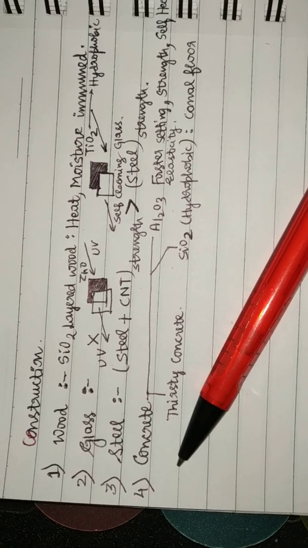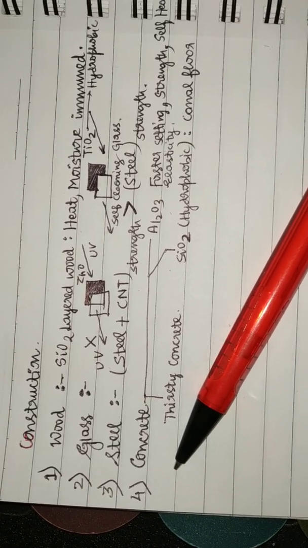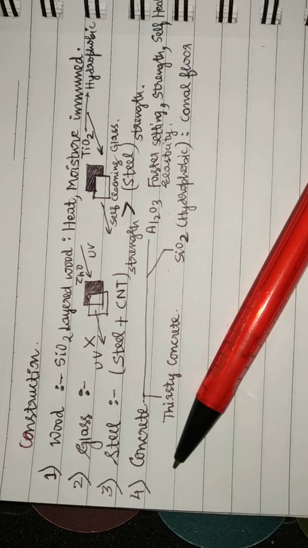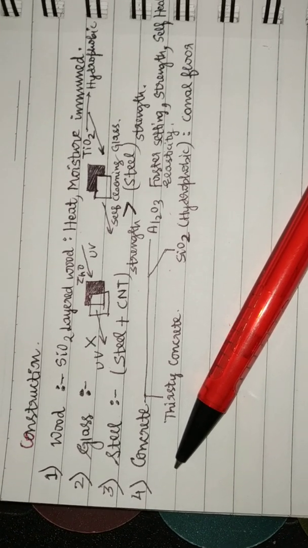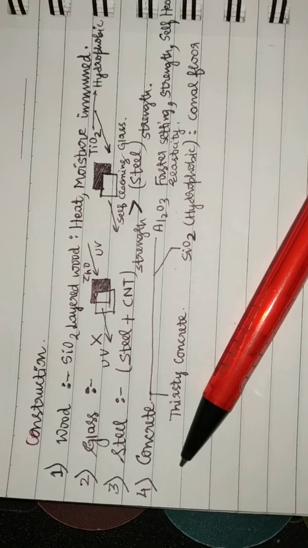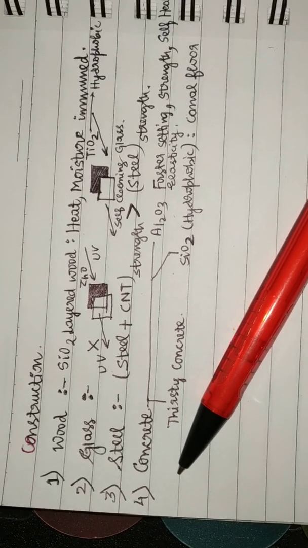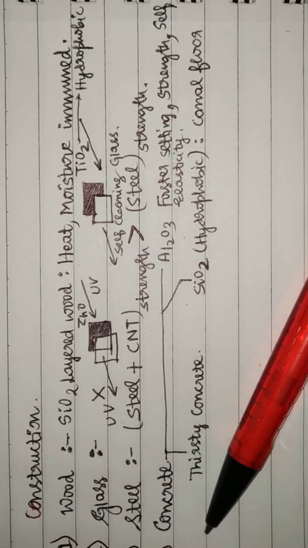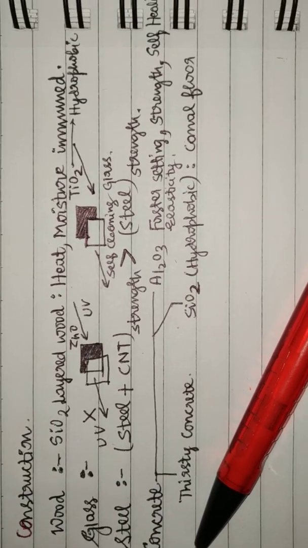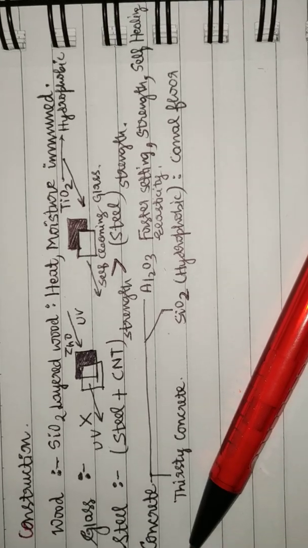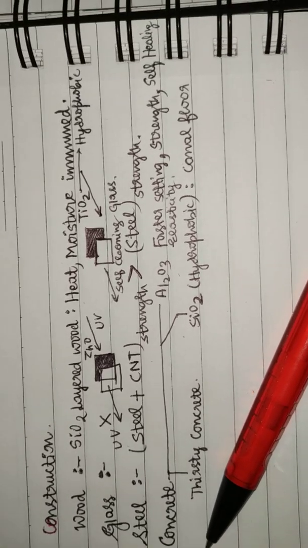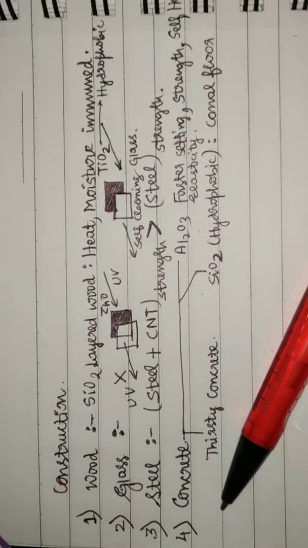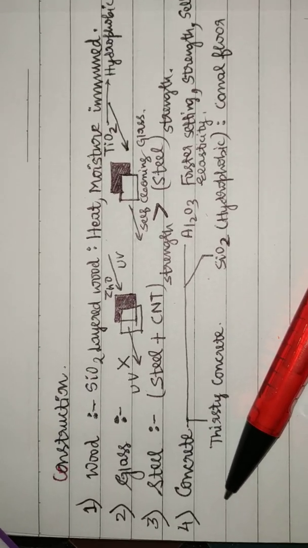Now this can be used in making canal floors, which canals up to now were facing the problem of too much percolation, too little retention. When water retention increases, this concrete can also be used to make the floor of tanks, ponds, etc. in areas where there is a scanty rainfall.